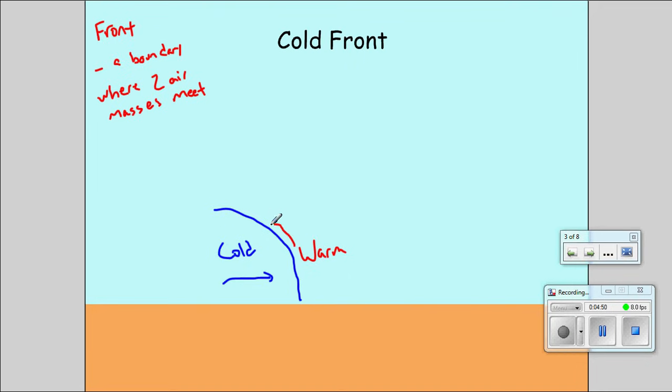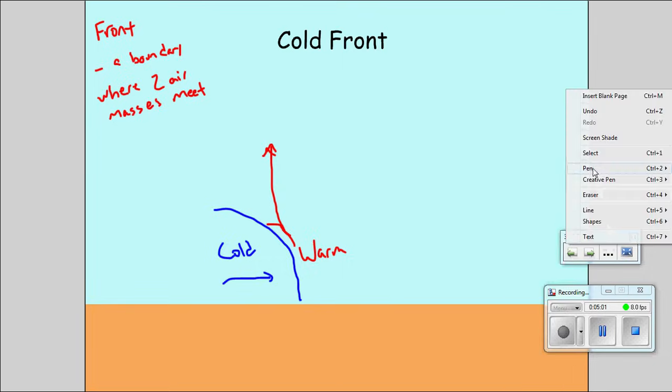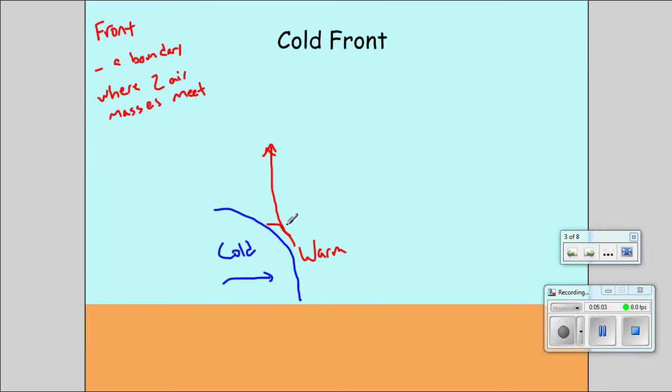Now when it does this, it causes the warm air to be lifted up, pushed into the sky. So this is going to cause a couple of things. This warm air is holding more moisture than cold air. So all of this moisture is being pushed rapidly into the sky, which is going to cause thunderstorms.